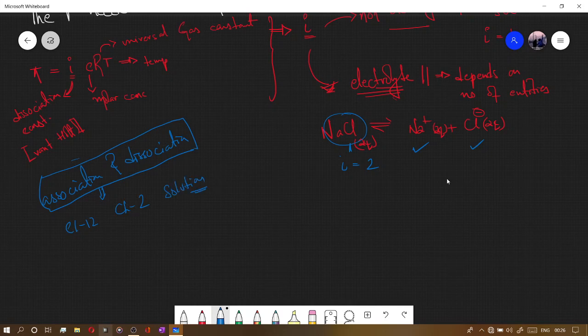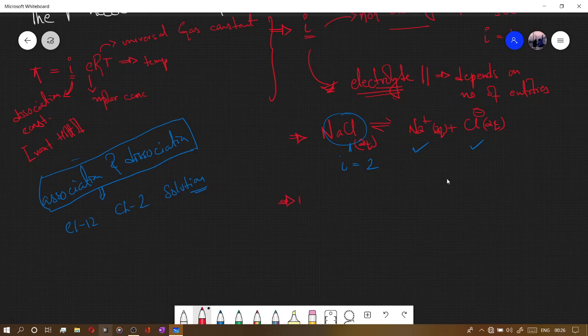It is simply not a part of this, so I won't go into details. There are two formulas: i equals 1 plus (n minus 1) alpha for dissociation, and for association it is 1 minus (n minus 1)/n times alpha. Let's not go into that intricacy. Just concentrate on the simple stuff.